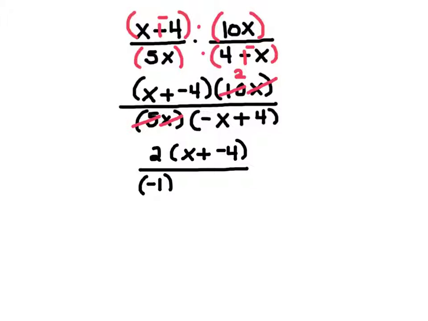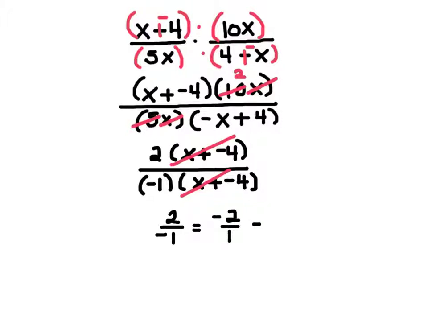If I factor out a negative 1, I get x plus a negative 4. And that matches my binomial in the numerator, which means these two binomials cancel out. So my answer is 2 over a negative 1, which can also be written as a negative 2 over 1, or more simply, and probably the best way to write it, is negative 2.